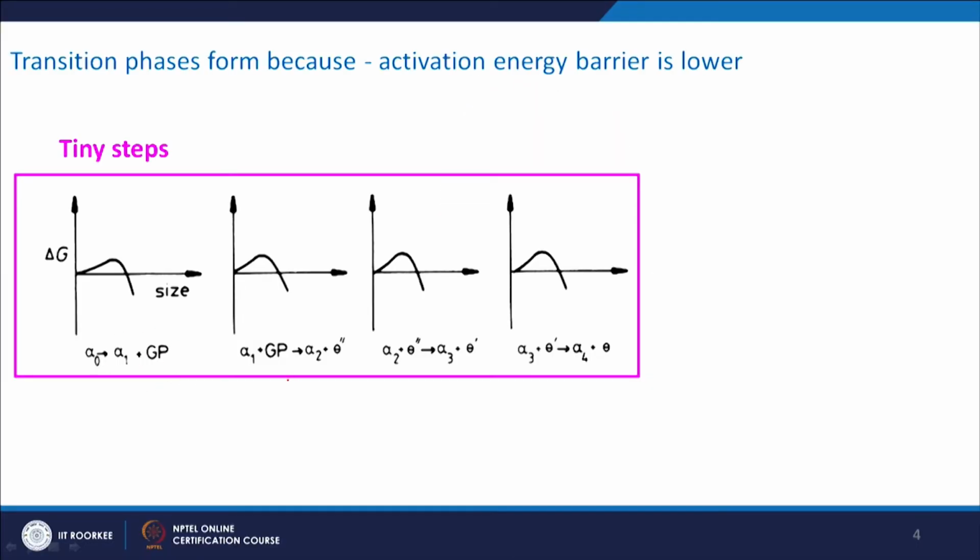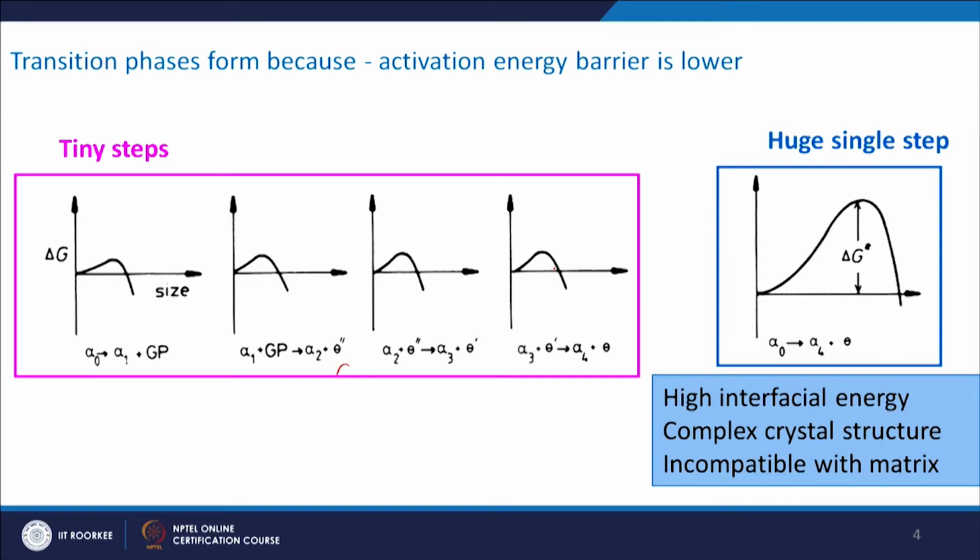Okay. So, if you have alpha naught forming into alpha 1 plus GP zone, or alpha 1 plus GP forming into alpha 2 plus theta double prime and so on, for each of these processes the activation barrier is very small. So, it is like I am covering the same path in very tiny steps which I can easily do. For example, if you have to climb something, if I make steps of very large height, okay, it will be very difficult for you to climb each of these steps, okay, it will require a lot of effort from your side.